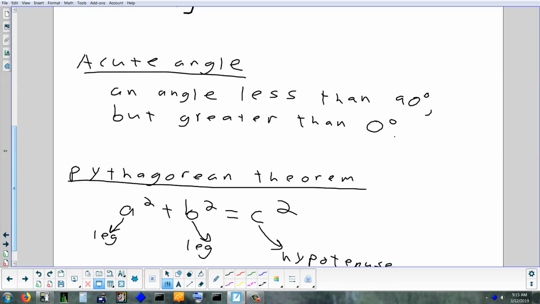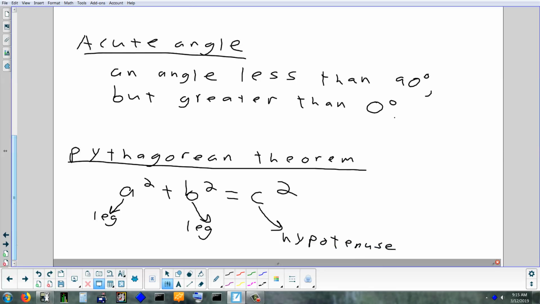But technically you could call the two legs X and Y and call the hypotenuse Z. Okay, so that's a special formula that gives you a relationship between the sides, but only in a right triangle. It doesn't work if you don't have a right angle, but this week we will. We are going to have problems in a couple weeks where we don't. Not yet.